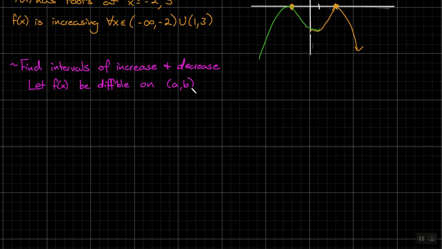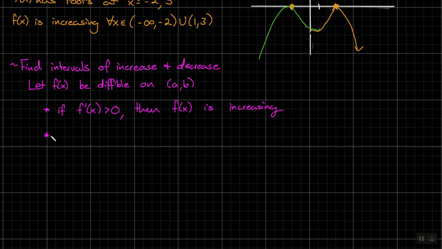Okay, here it is. We're going to say that there's two statements here. If f prime of x is greater than 0, then f of x is doing what? Increasing. Easy.